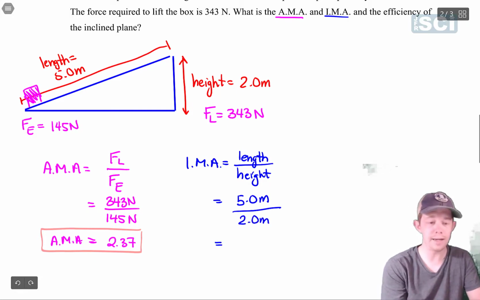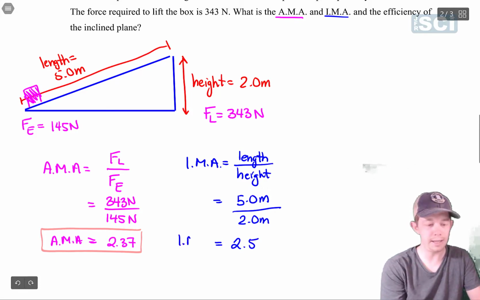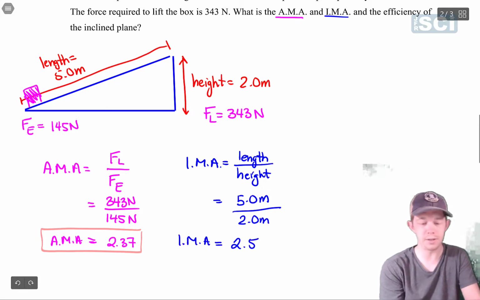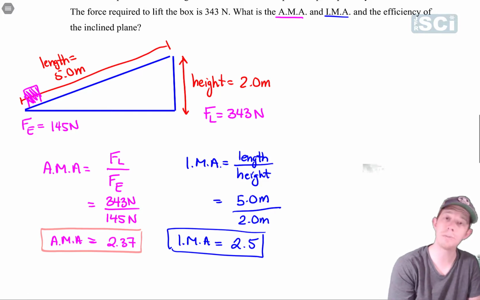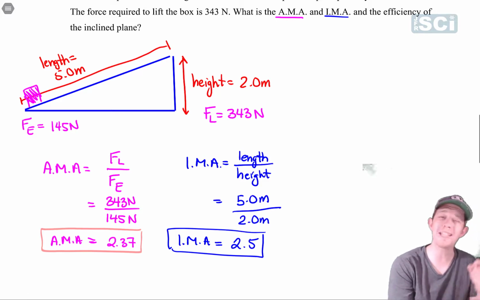And if I divide that out, I should get 2.5. So it's telling me that my ideal mechanical advantage is 2.5. So I want you to notice something here. The actual mechanical advantage should always be smaller than the ideal mechanical advantage, because we'll lose energy as we use the machine.